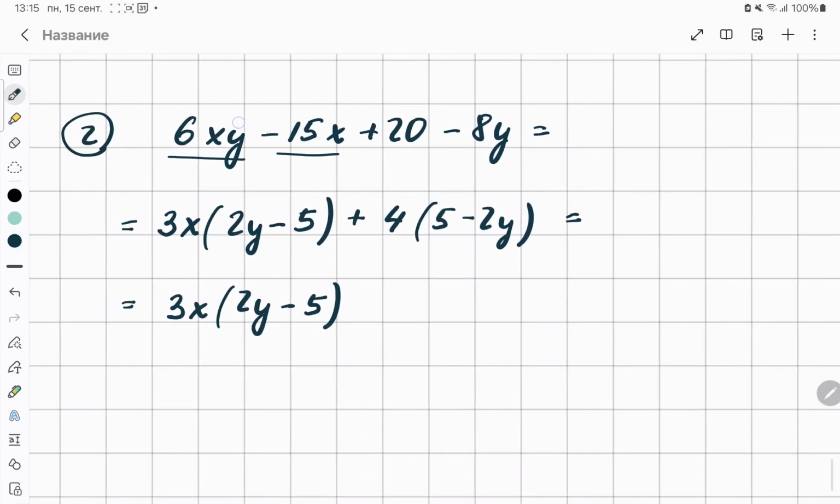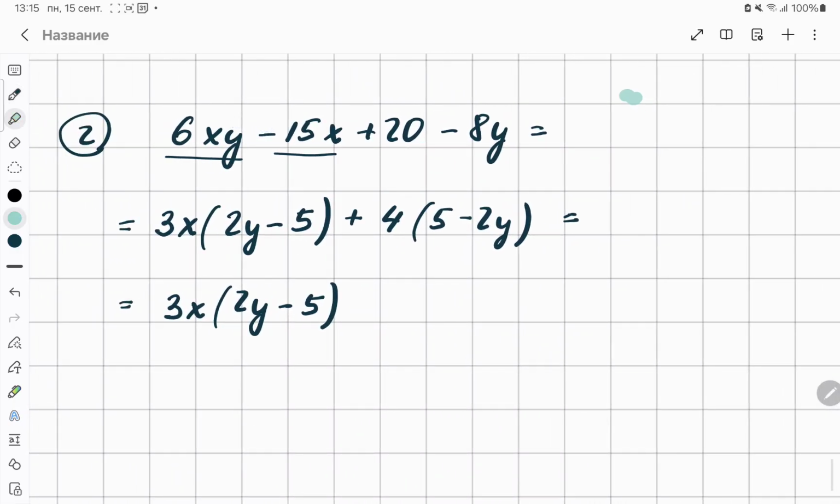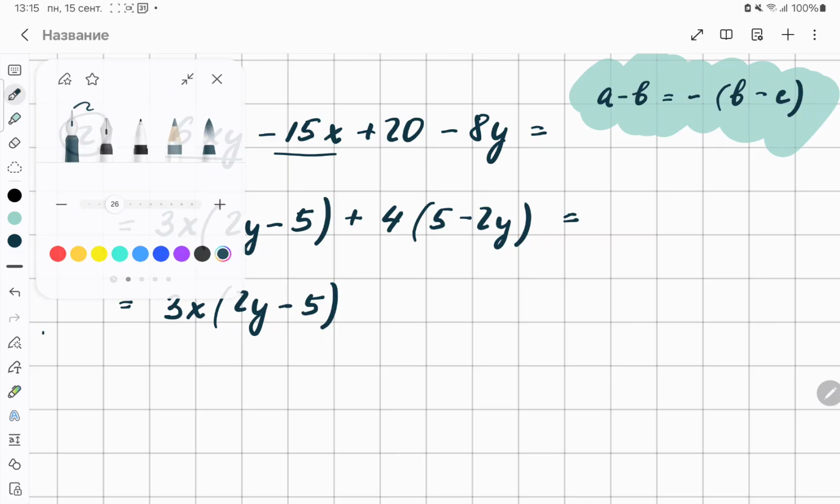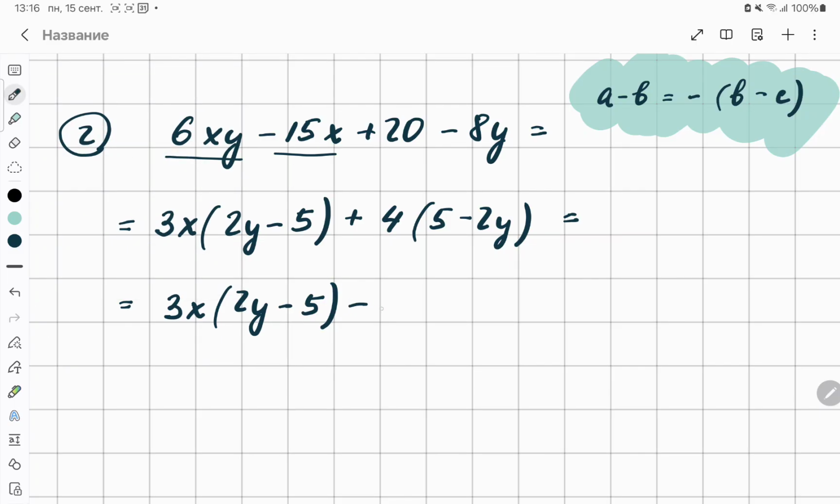So remember that in the previous lesson we considered that a minus b is equal to minus (b minus a). So we can exchange and put a minus before the brackets. Let's do the same thing here. So we will put minus here, and we will get (2y minus 5).